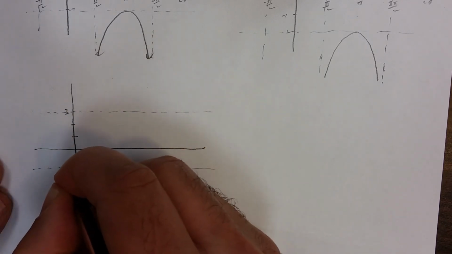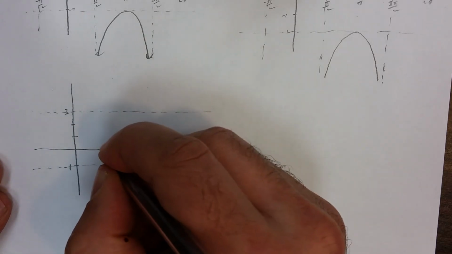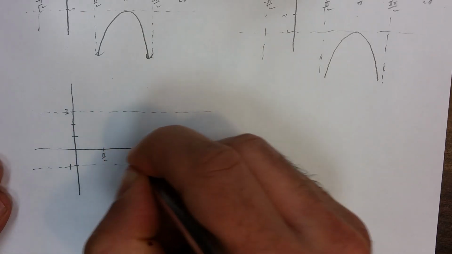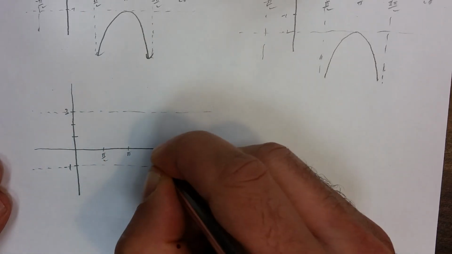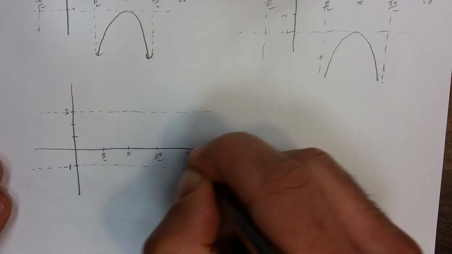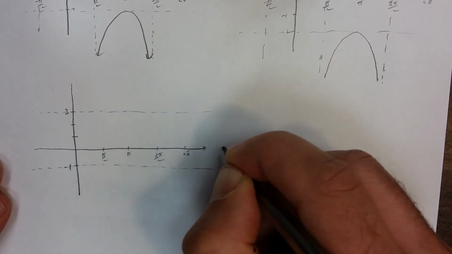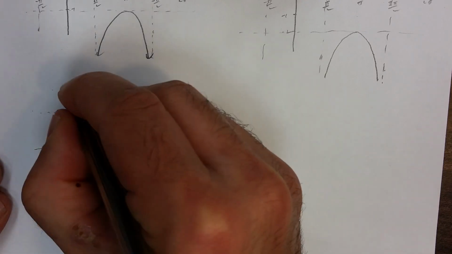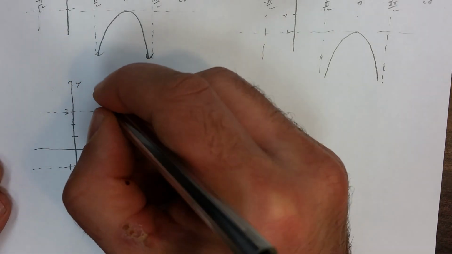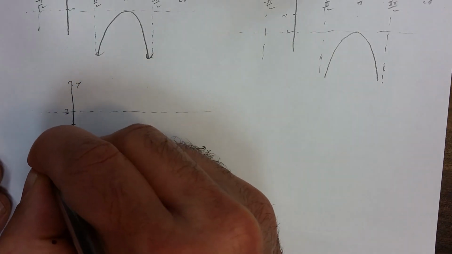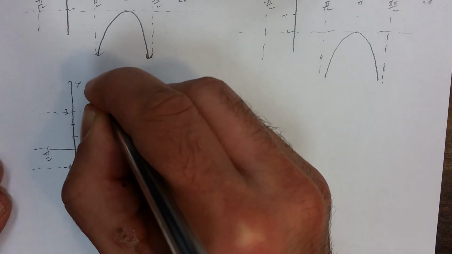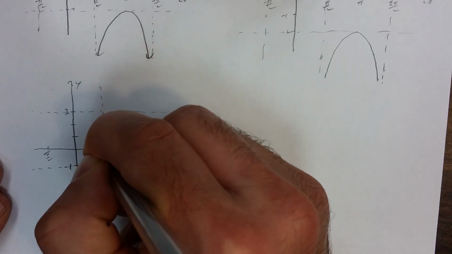So 3, minus 1. Here we are at pi over 2, pi, 3 pi over 2, 2 pi. Let's dot in the same, here's minus pi over 2. Let's dot in those same vertical asymptotes.